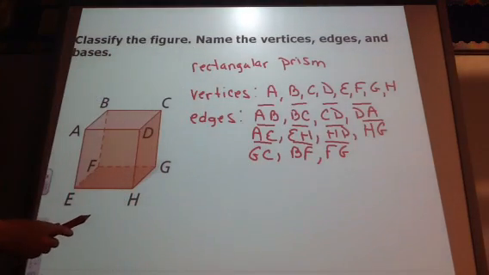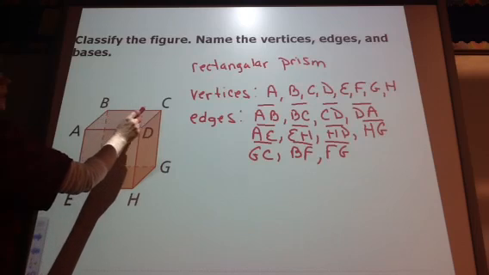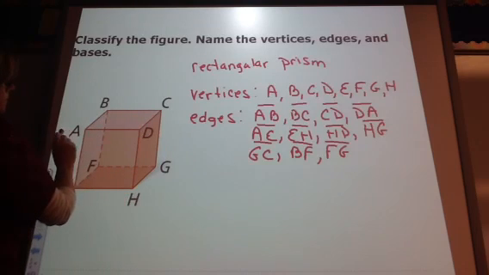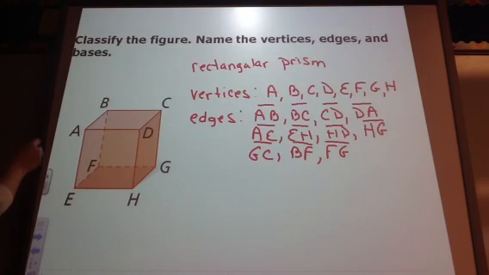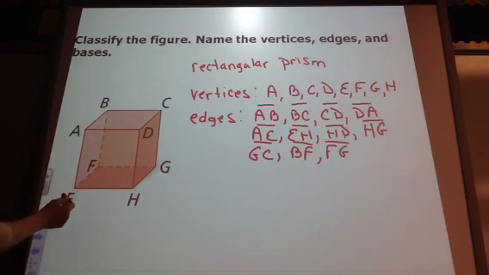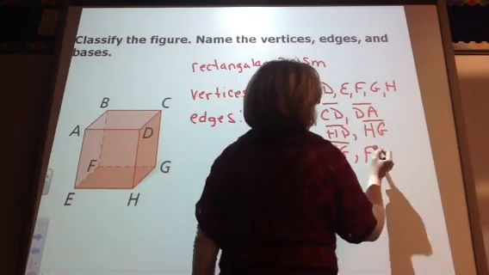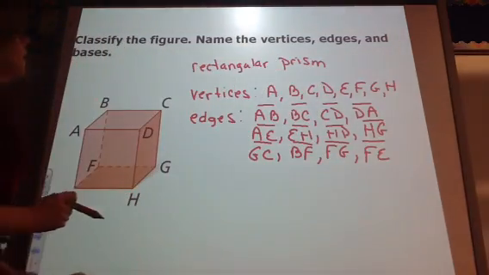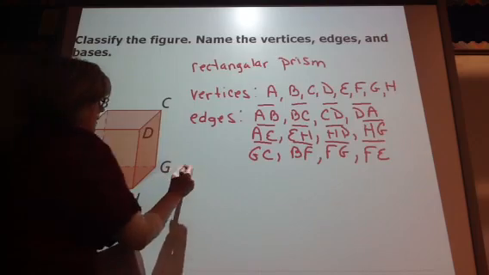Let's see. So we've got BF, BC, CG, FG. Okay, let's go to this side here then. We have AB, BF. Do we have FE? We don't have FE. That's the one we're missing, last side there. All right, and now we need to label, let's see, the bases.